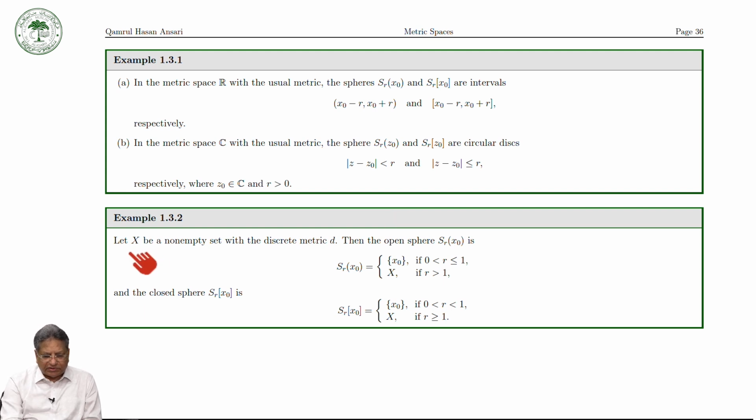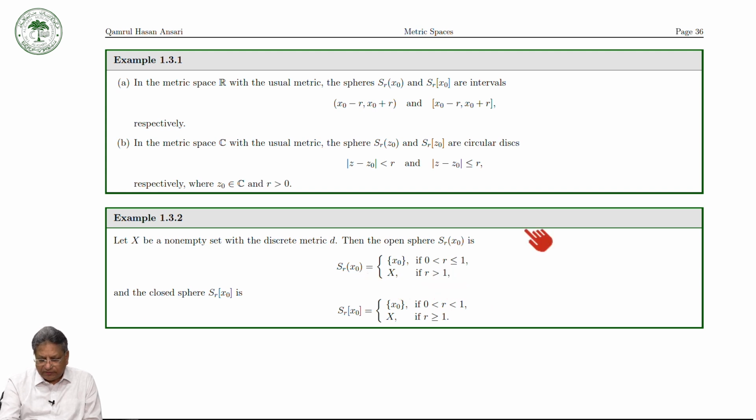So suppose X is a non-empty set with the discrete metric D. Then the open ball with center at x0 and radius r with respect to the discrete metric consists of the singleton set if this radius r is less than or equal to 1, and it is equal to the whole space if r is greater than 1.